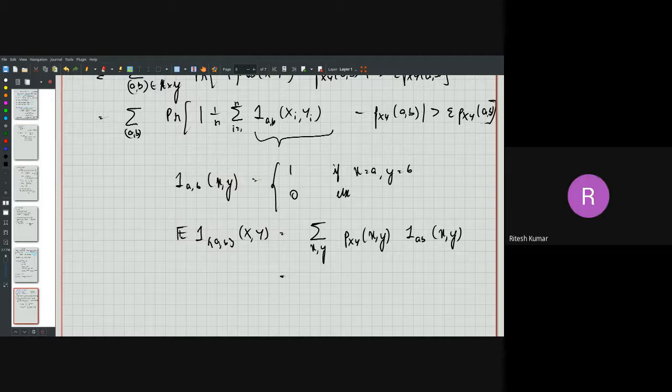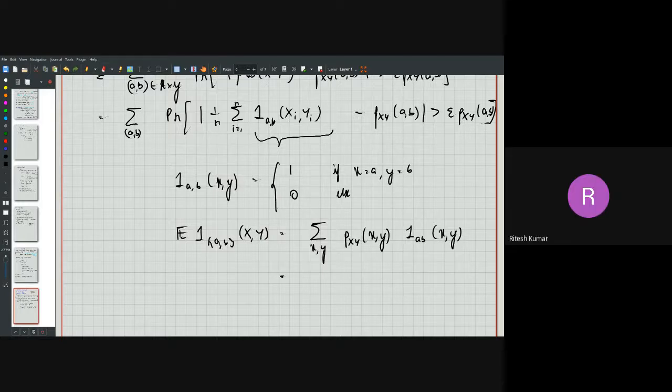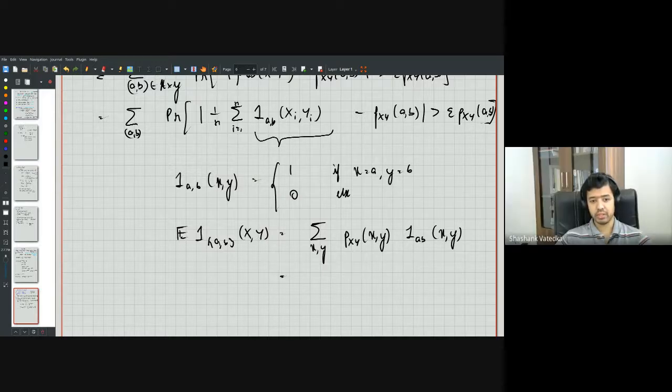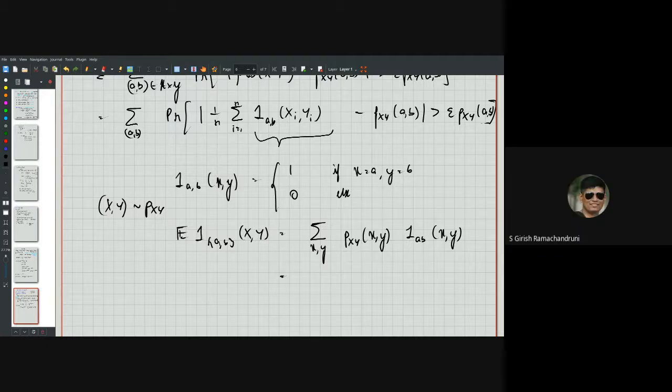Sir, only when x and y are equal to a and b will the indicator function be 1, and only this term will survive. Okay, so what is the probability that the indicator function is 1, given that (x, y) is drawn according to P_XY? So (x, y) is distributed according to some distribution P_XY, right? What is the probability that this indicator function is equal to 1? 1/4.